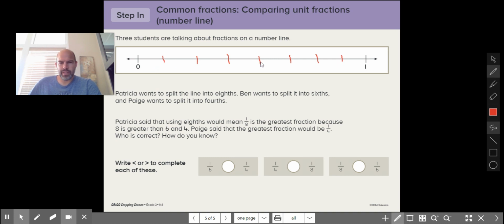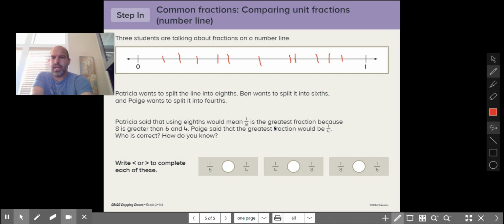So this would be equivalent to 3/6. All right, I would say those are pretty darn close. All right, so let's mark those.